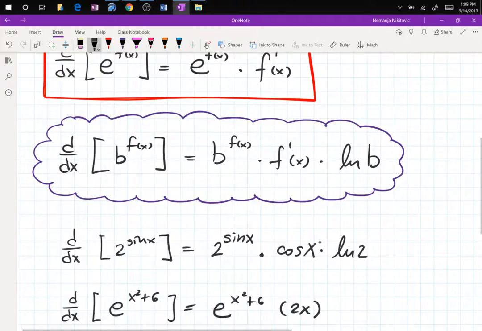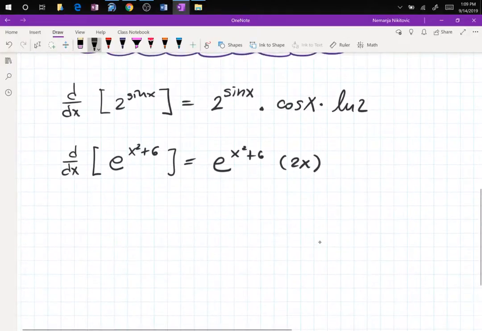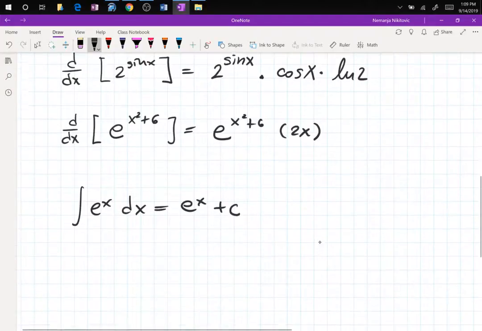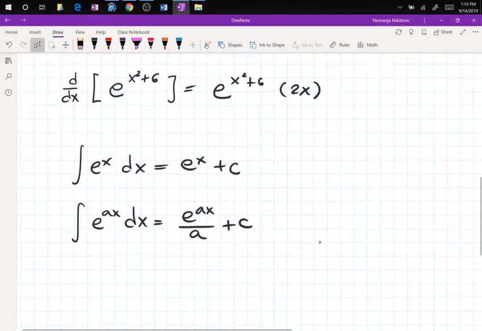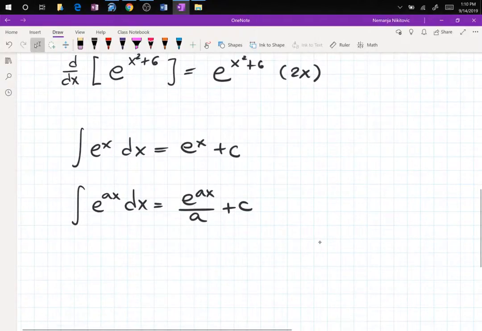Great. Now we're going to peek into integrals for e. So the integral of e to the x dx is e to the x plus c. The integral of e to the ax dx is e to the ax over a plus c. Again, all of this was in Calc 1, section 4.9.